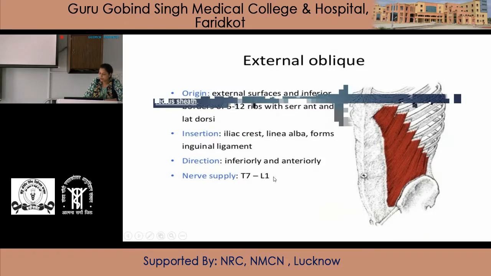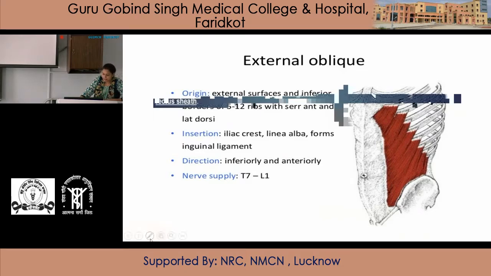It is supplied by T7 to L1. So here is the direction of the fibers of the external oblique muscle, which arise from the lower ribs, with the lower fibers of the serratus anterior and upper fibers of the latissimus dorsi, and insert into the iliac crest, linea alba and form the inguinal ligament.